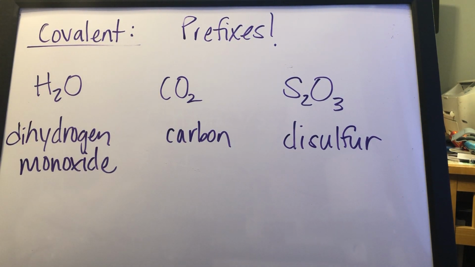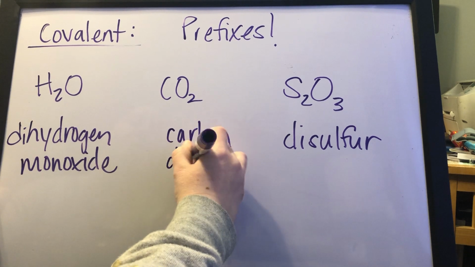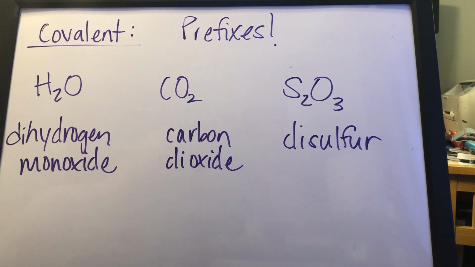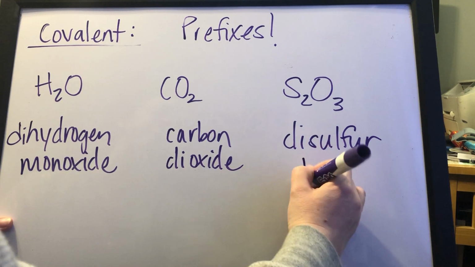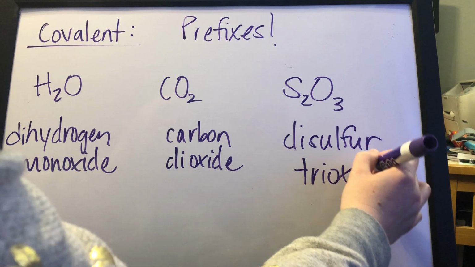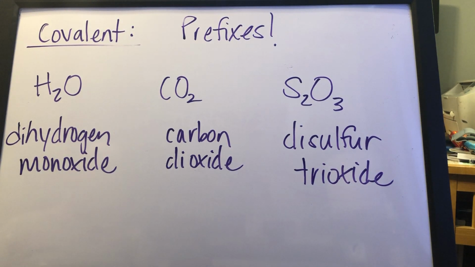There's 2 oxygens, so prefix for 2 is di, so dioxide, and of course that's carbon dioxide. And then for this one, there are 3 oxygens. Prefix for 3 is tri, and this would be trioxide. So that's naming. Quite simple. No tricks. The only thing you have to remember is you don't need a prefix on the first one if there's only 1 of them.